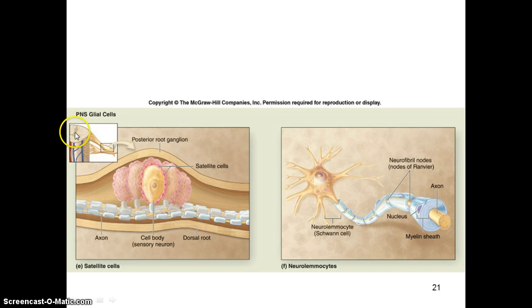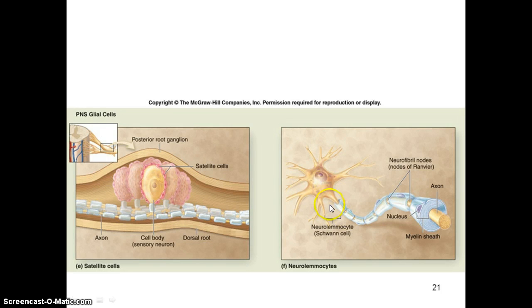If we look here at this square, we're looking at, again, the spinal cord, the posterior root ganglion, and that posterior root ganglion is blown up here with these cell bodies of unipolar neurons, and these cell bodies are surrounded by these tiny satellite cells. So the satellite cells carry out a protective and supportive function for these cell bodies in the ganglia. And ganglia, as you know, are part of the peripheral nervous system, as are satellite cells.